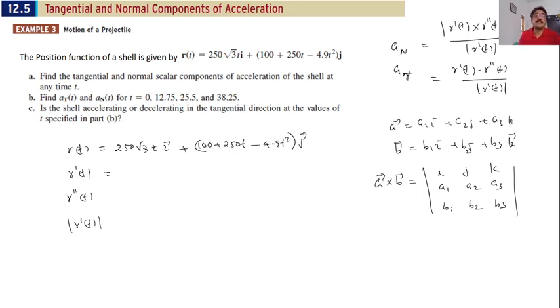Is the shell accelerating or decelerating in the tangential direction at the values specified in part B?